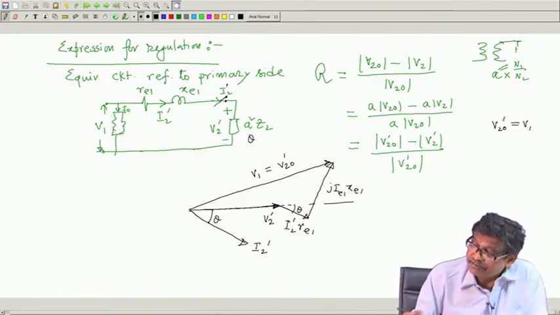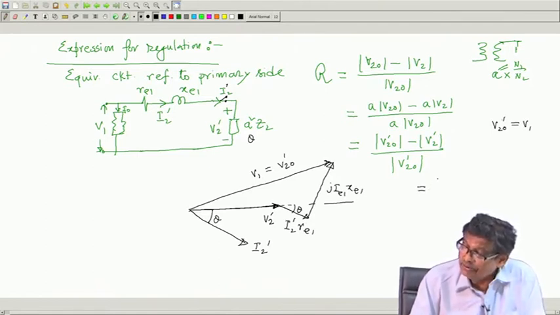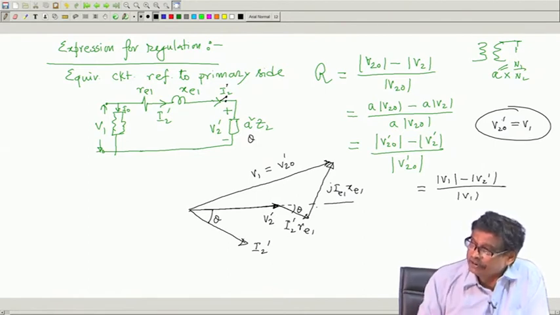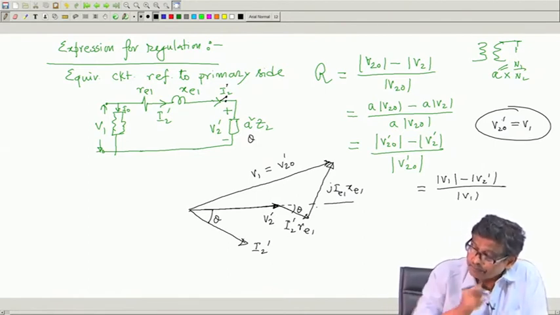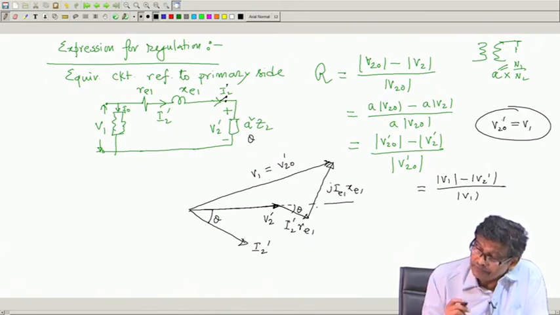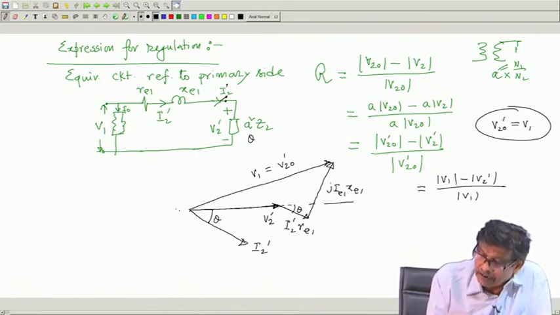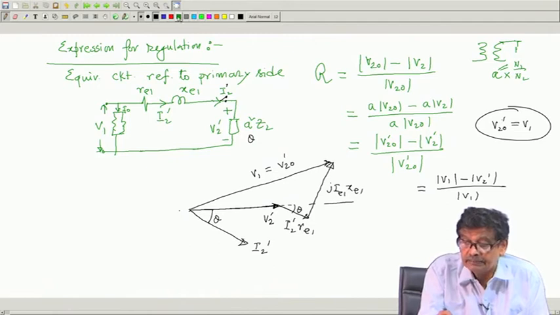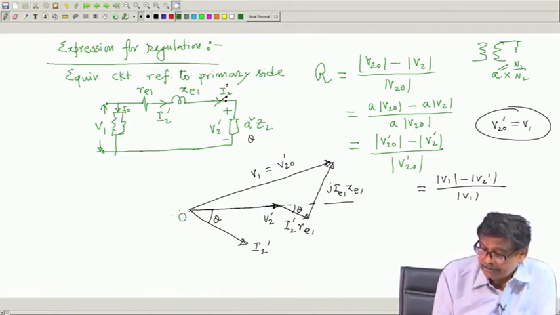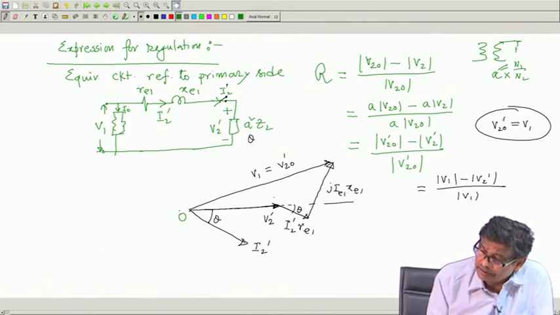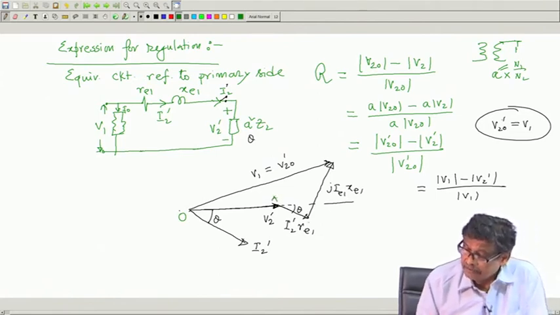Therefore, this regulation means magnitude of V1, next I continue with this knowledge, V1 minus V2 dashed divided by the open circuit voltage V1, equivalent open circuit voltage. Therefore, I will say, suppose I name these various points, like this is suppose O, let this point be A, this point be B, very simple calculation.